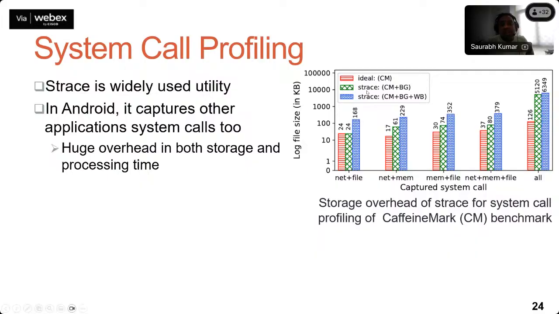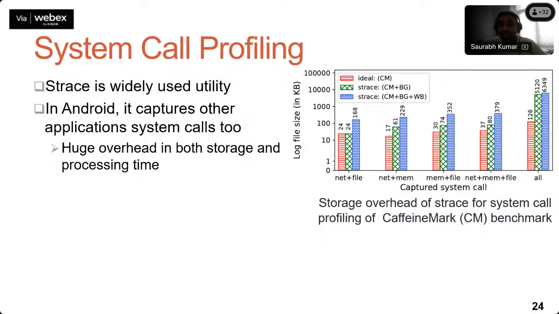So this is the statistics about this. There are three configurations we have executed. One is idle. Idle means that our machine is not running anything else except the CaffeineMark benchmark; you are just simply running it and no other application was running.